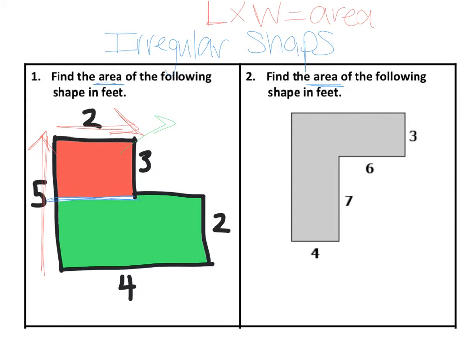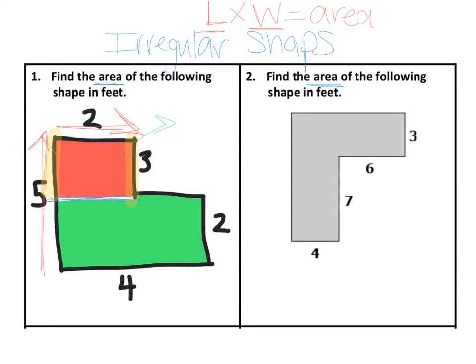We are going to be doing length times width. So the length of this shape up and down is not going to be 5, because 5 is this entire line here, okay? And I don't want that entire line. When I'm solving, I just want these lengths, okay? So I'm just doing the red box.